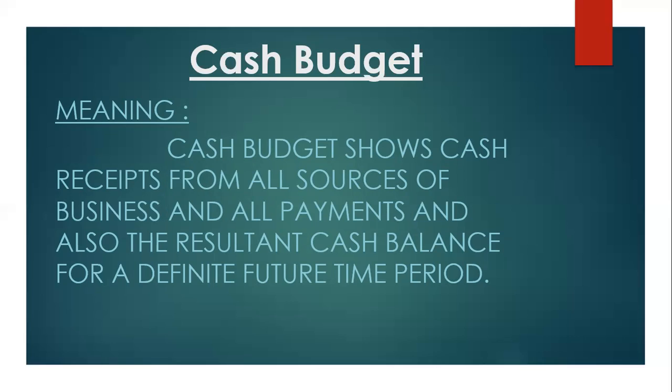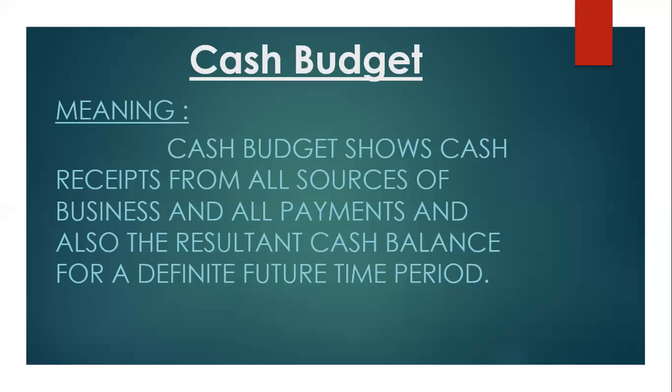What it means? It means cash budget shows us from which source we are getting how much income. So we will consider all the cash receipts from all the sources of business, and even we will consider all the payments and the resultant cash balance for a definite future time period.